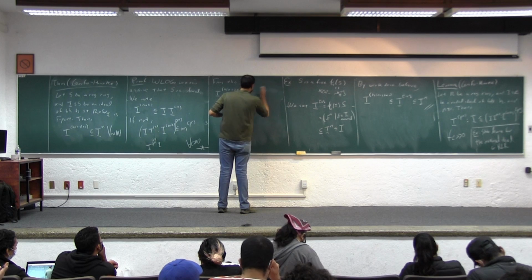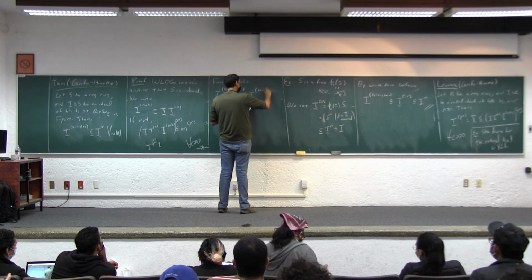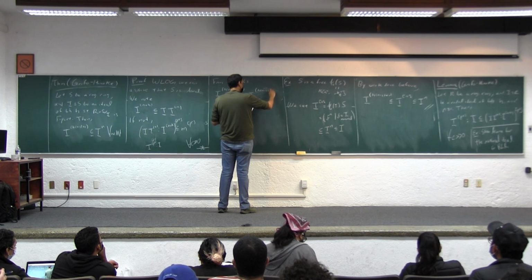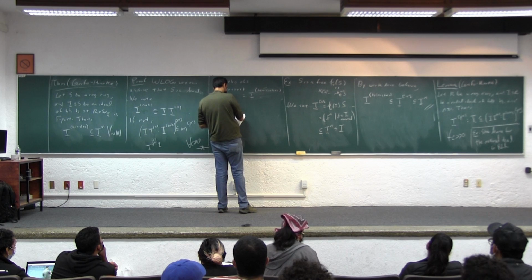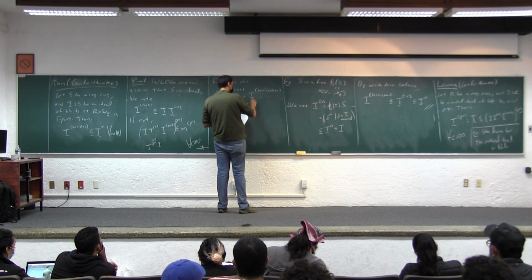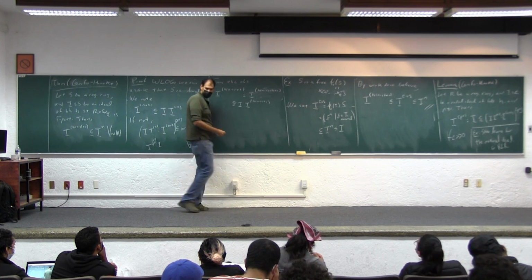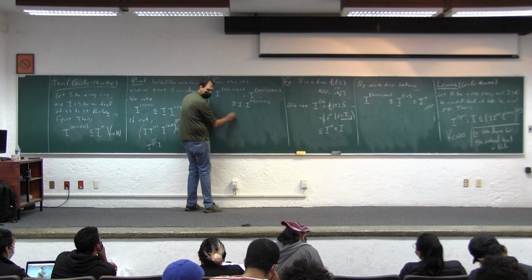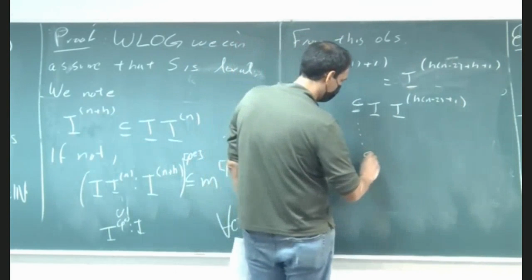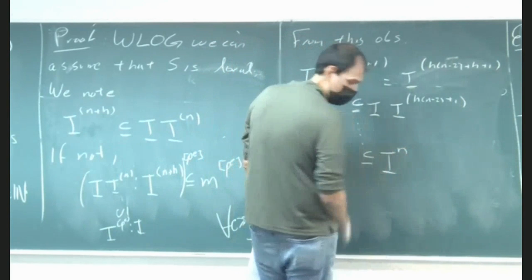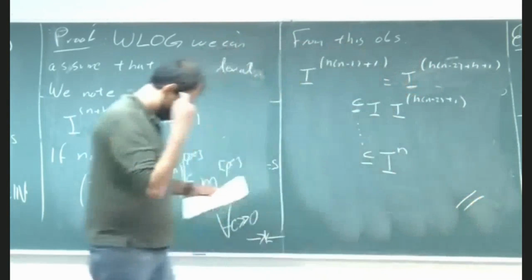Well, let me just write this as I H^(n-2) plus H plus 1. So this is contained in I H^(n-2) plus 1. And what I was mentioning before, we do an inductive argument, and this is contained in here. And that's it.